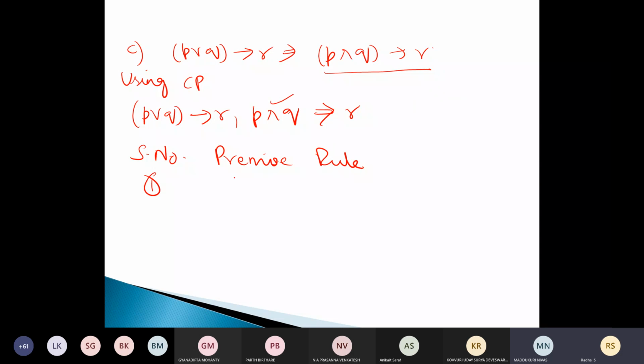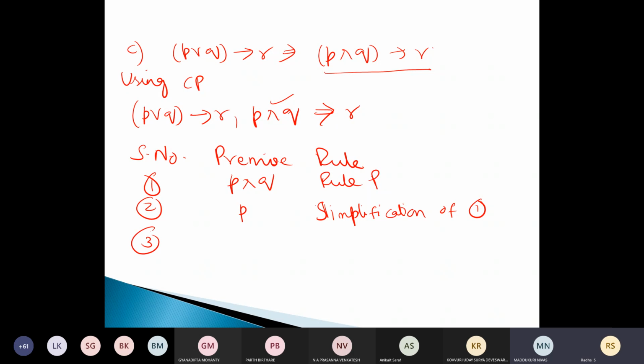Which one can you use first? P and Q. That means P is true. P is true. Then I'll ask you something. Okay, after this, how to proceed here?